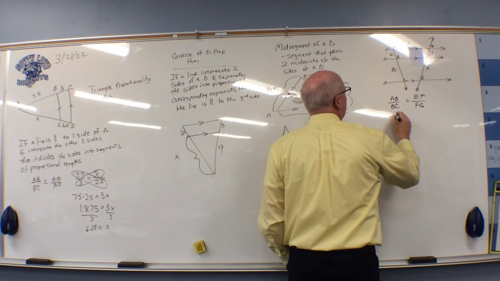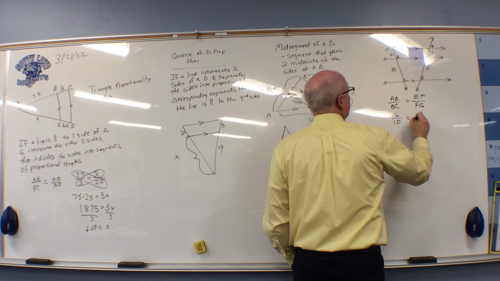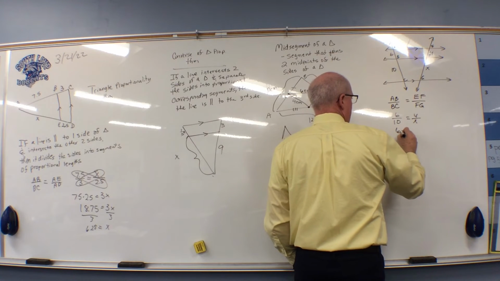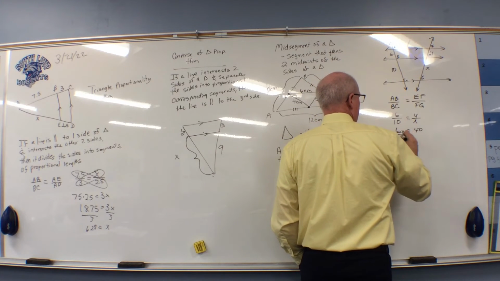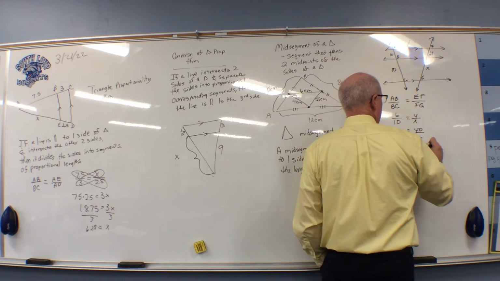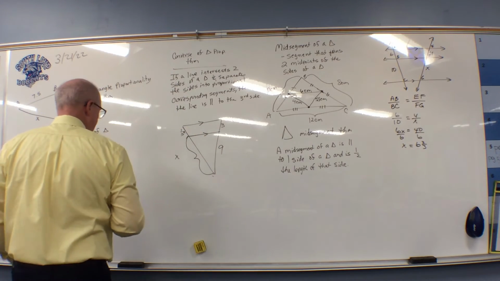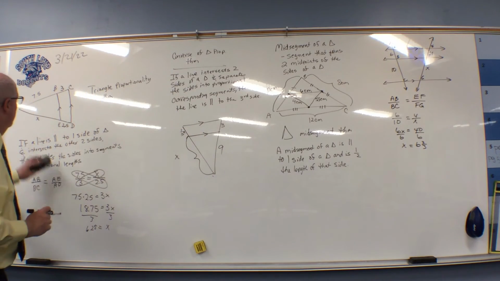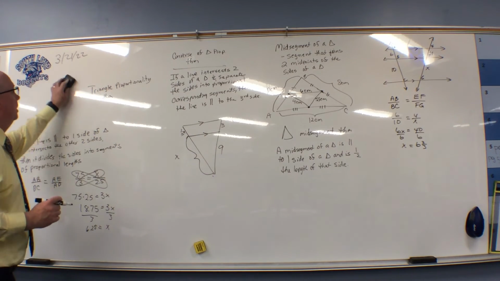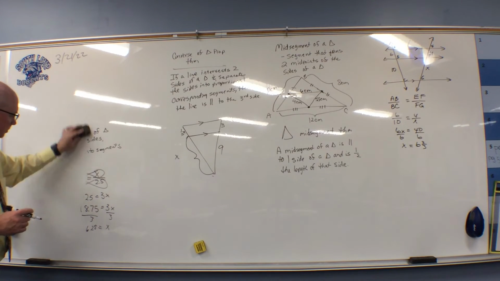Put 6 over 10 equals 4 over x, right? So I have 6x equals 40, divided by 6, x equals 6 2/3, is that right? 6.66. Yeah. So 6 2/3, correct? All right. Any questions? Not yet.